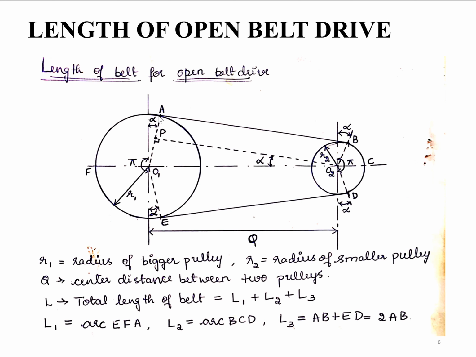If you take from A to B, this is the length of belt which is not in contact with any of the pulleys, and the same with E to D. If I take B, C, D, this is the length of belt which is in contact with the driven pulley.